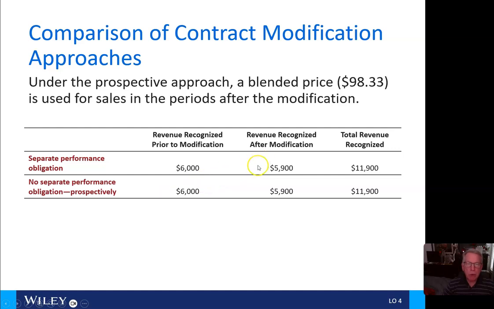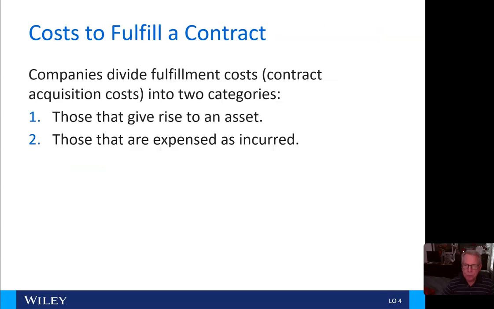Now, if the revenue is recognized after modification, then we have a separate performance obligation of $5,900 and no separate performance obligation prospectively. And finally, the total revenue that we're going to recognize will be $11,900, with a blended price here of $98.33.